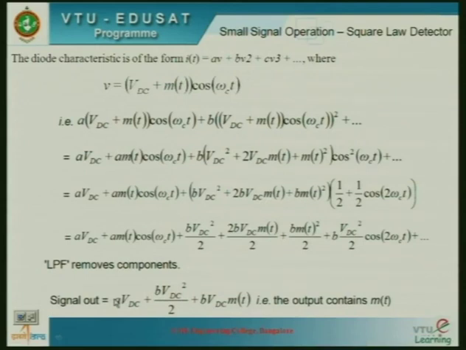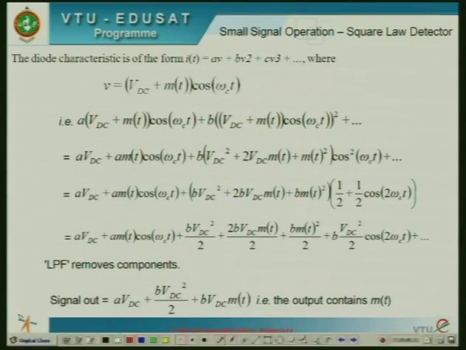Yes, let us take the equations here. The current across the diode is given by AV plus BV square plus CV cube. We know that V is VDC plus M of t into cos of omega ct.